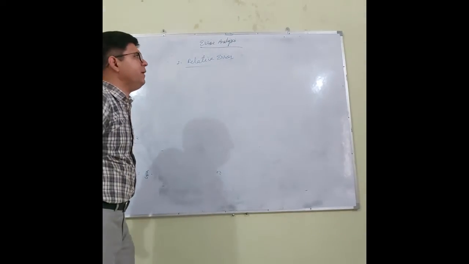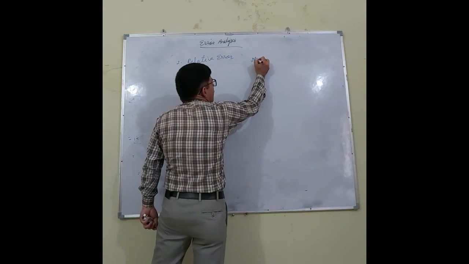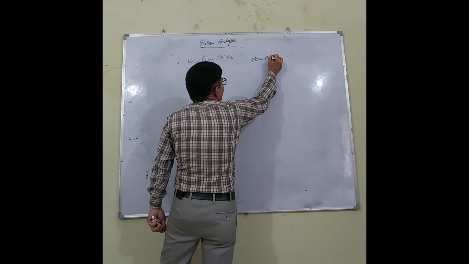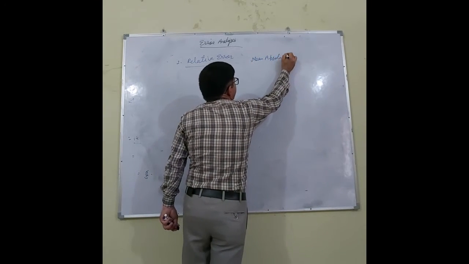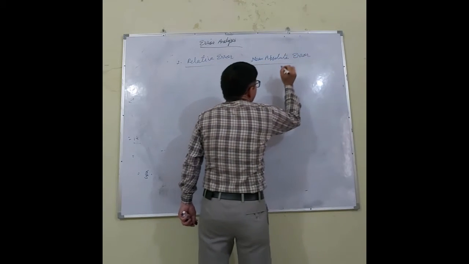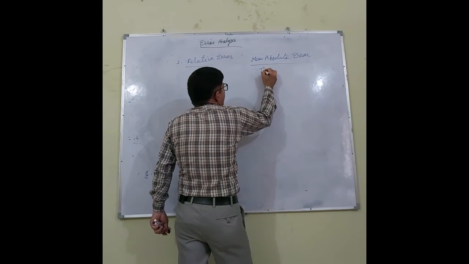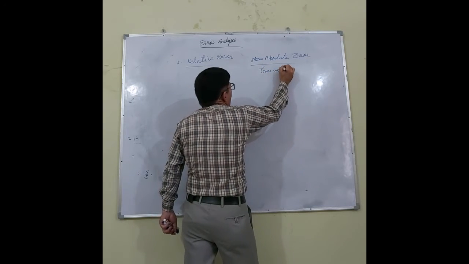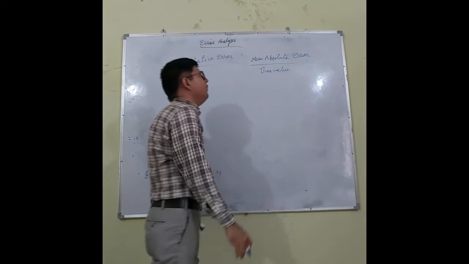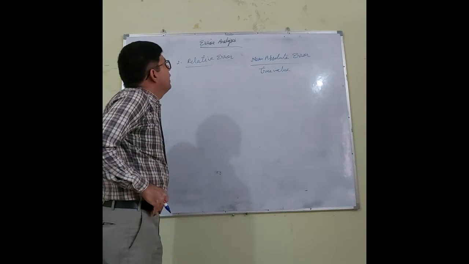Relative error means it is the ratio of mean absolute error to the true value of a physical quantity. This ratio is called the relative error.